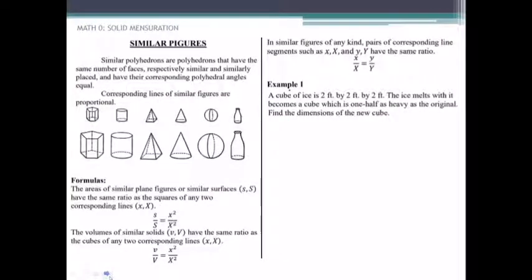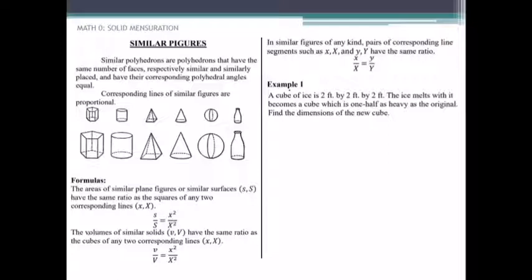Okay. Similar figures. By definition, similar polyhedrons are polyhedrons that have the same number of faces, respectively similar and similarly placed, and have their corresponding polyhedral angles equal.